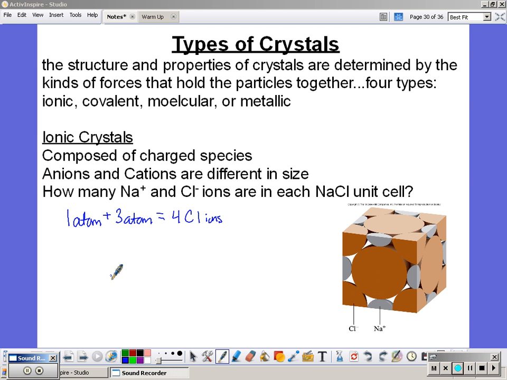So the sodium is on each of the edges, and there are 12 edges, so that's 3 atoms total. So the sodium chloride unit cell is made of 4 chloride ions and 3 sodium ions.